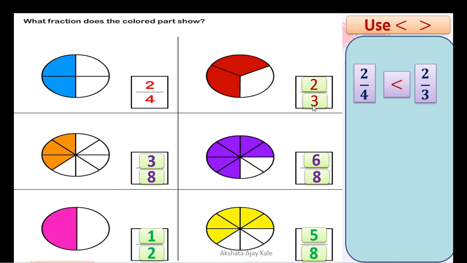And you know that out of 3 parts 2 are more compared to out of 4 parts 2. Selecting 2, correct? Next one is 3 upon 8 and 6 upon 8. Come on, tell me. Which is greater? Which symbol we have to use? Smaller than or greater than? Yes, very good. Smaller than. Correct? Because 3 upon 8, this is smaller than 6 upon 8.